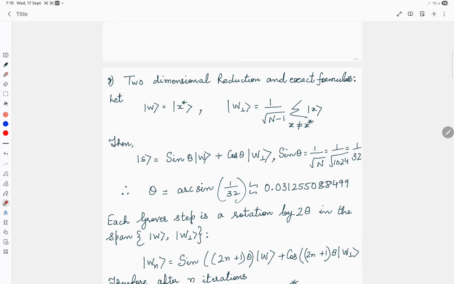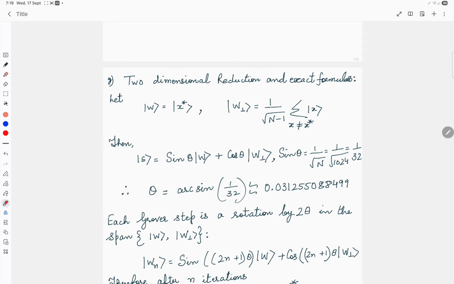This is the horizontal axis, and this is the vertical axis given by all other states except the target state. So ket w is the target state, ket w perpendicular is all other states except the target state. And ket s is given by sine theta ket w plus cos theta ket w perpendicular.